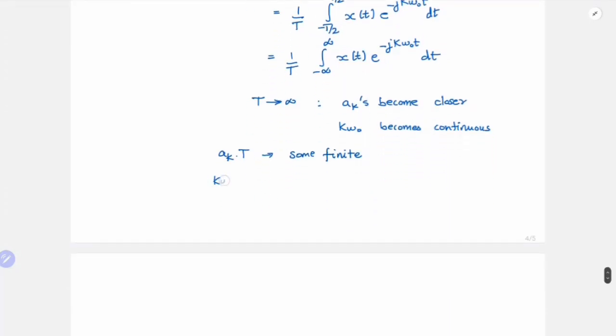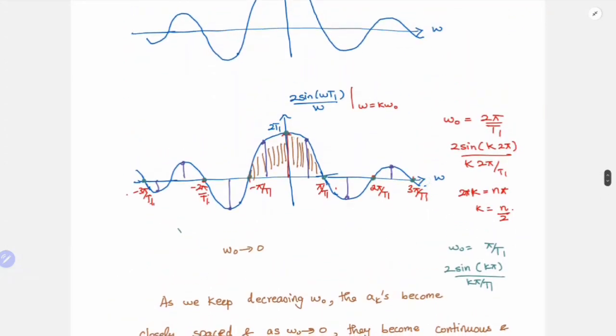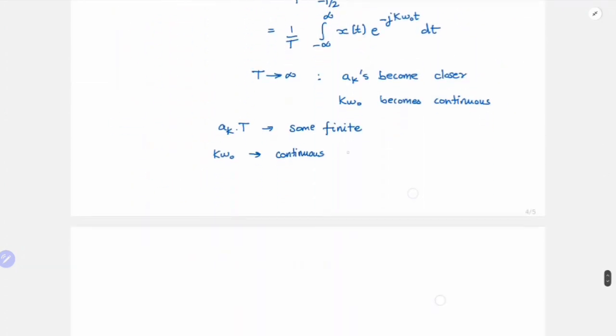What happens to k omega naught? It becomes continuous, right? Because k omega naught is nothing but the sampled values on the x-axis, and as omega naught tends to 0, it is going to be continuously varying. So we can replace it with omega.